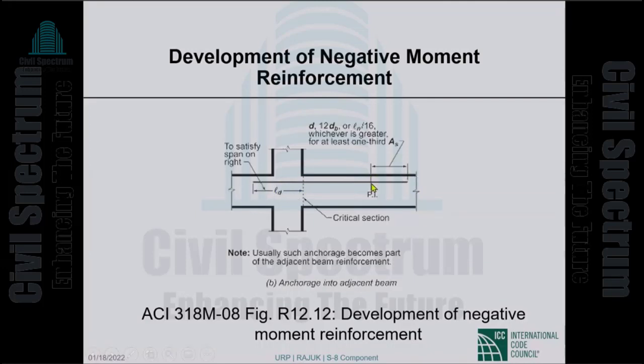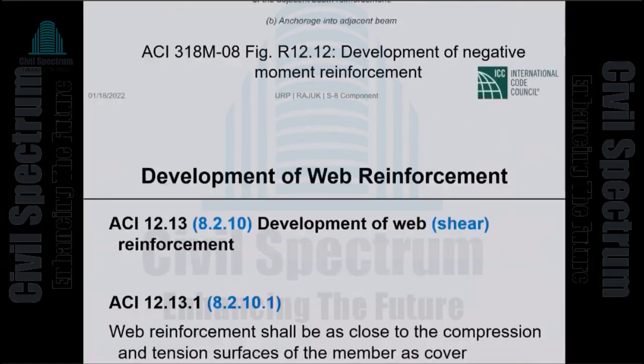This is the point of inflection. Negative moment changes to positive moment. Okay, so the negative bar has to extend beyond this point of inflection by, remember, d, 12 bar diameters, or 1/16 of the span, whichever is the largest of the three. I think this is a very clear-cut picture of what it is that we have to do.